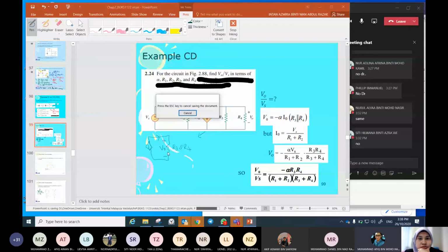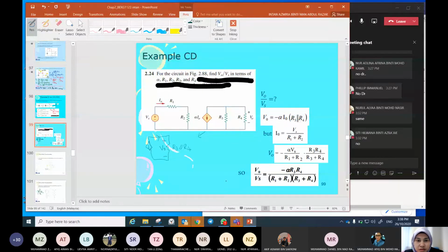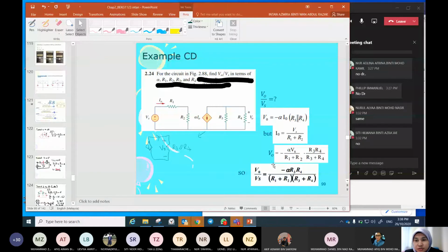AC analysis circuit. In what subject? Analog. Okay. Analog electronic. Okay. That's all for the extra question.